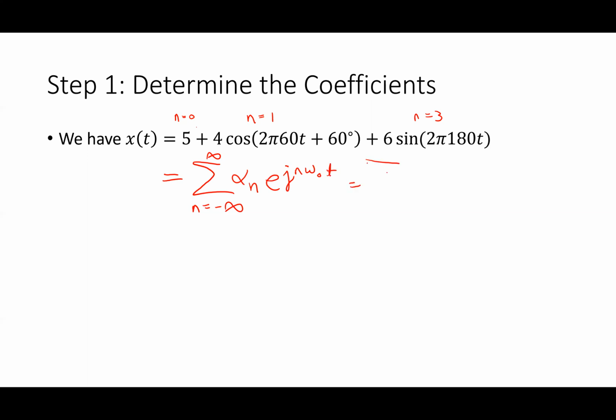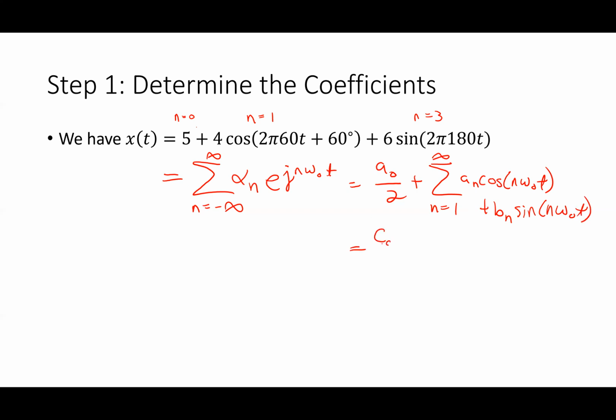a0 over 2 plus this ugly thing, an cosine n omega naught t plus bn sine n omega naught t, is equal to this ugly guy.